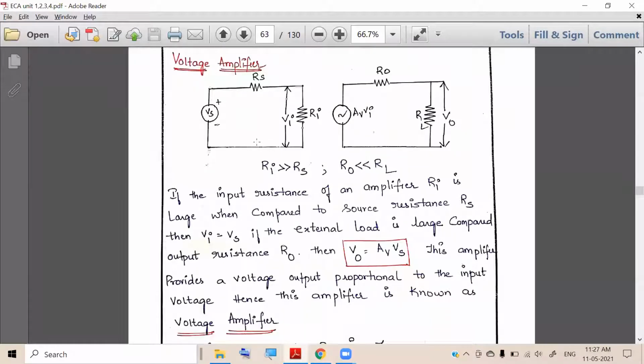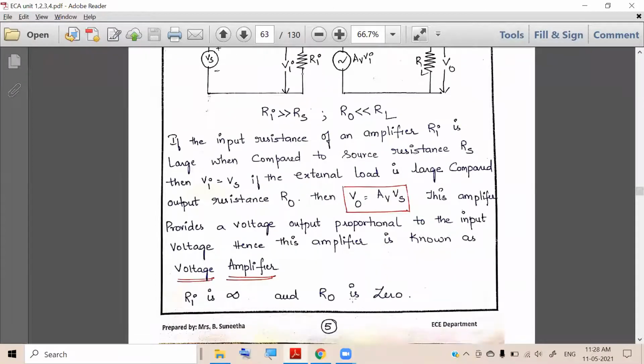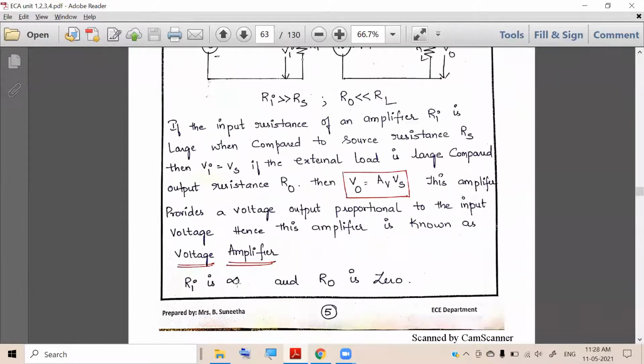So all this we have discussed, right? And so Ri has to be much greater than Rs. Preferably Ri has to be infinity and R0 has to be 0. Ri infinity, R0 zero for voltage amplifiers.